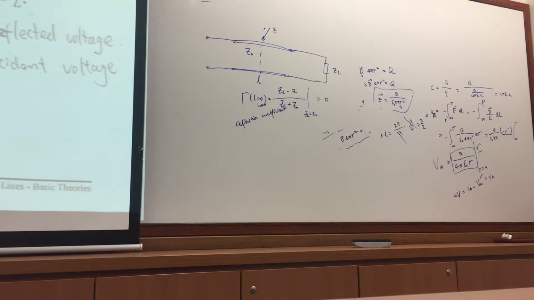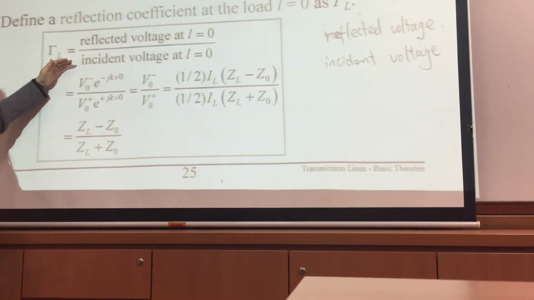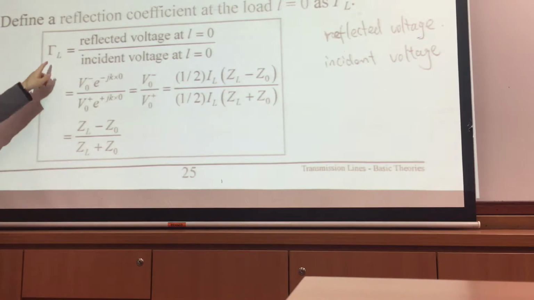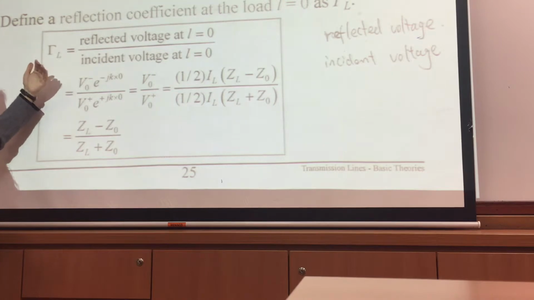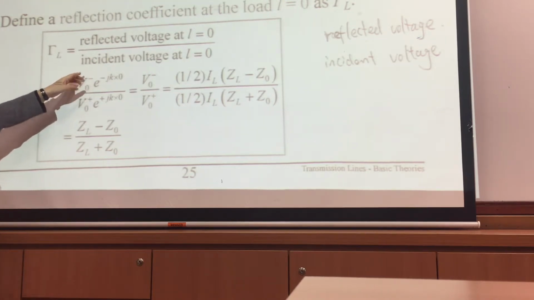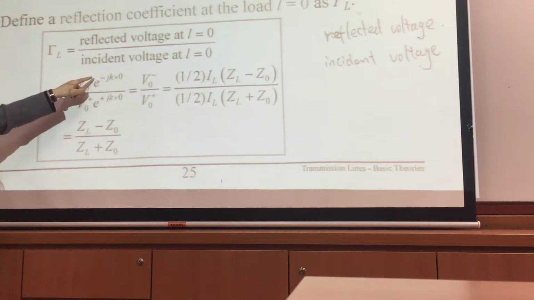So gamma equals reflected over incident. Reflected over incident because it is called the reflection coefficient. How much it is reflected compared to the incident energy, right? The minus one is reflected, positive is incident.